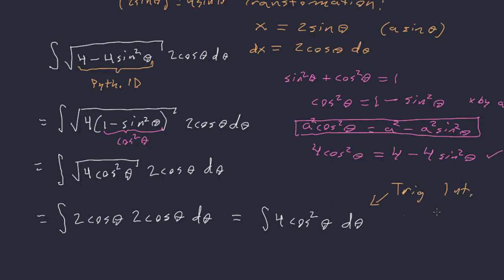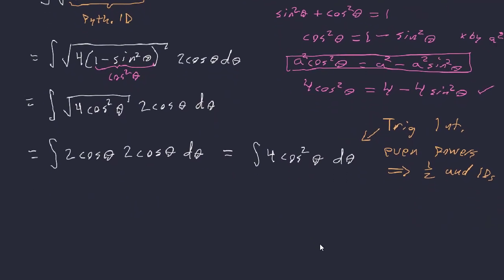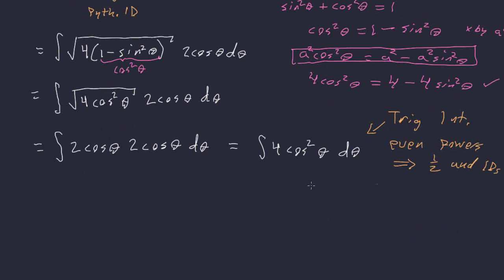And remember, if all we have is even powers, we've got to do half angle identities. But thankfully in this case it shouldn't be too bad because we've only got the one cosine squared here. So our half angle identity with cosine, it'll be 1/2 times 1 plus cosine of 2 theta.